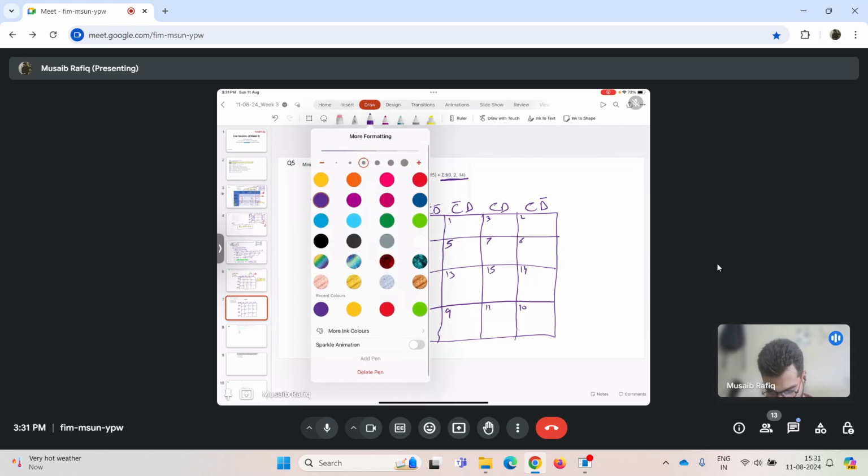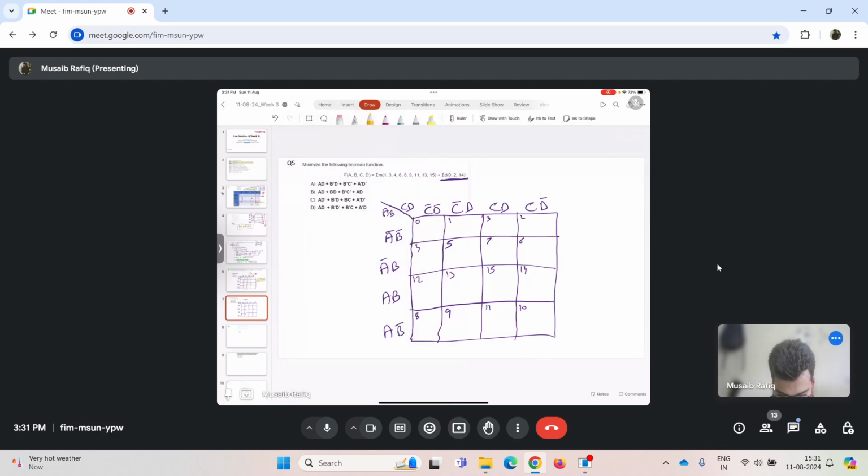Now I'll mark all those minterms present here with 1. So it's 1, 3, 4, 6, 8, 9, 11, 13, and 15, right? And also we have the don't care conditions. So how are don't care conditions marked in the K-map?